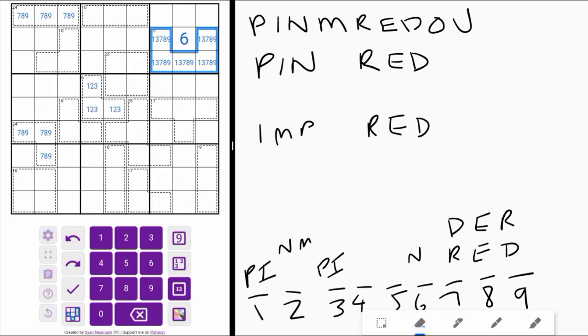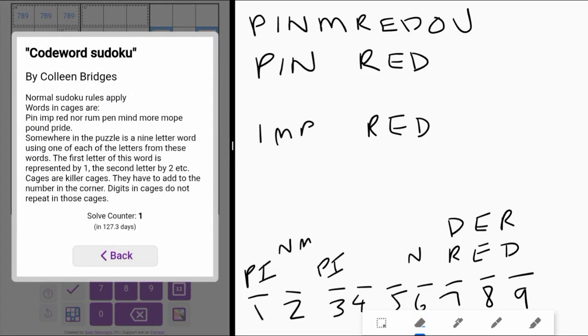Let's try another word. What other words can we use? Pen, would that help? P-E, what about P-E-N? Okay, if that's an 8, P has to be a 1 or a 3.